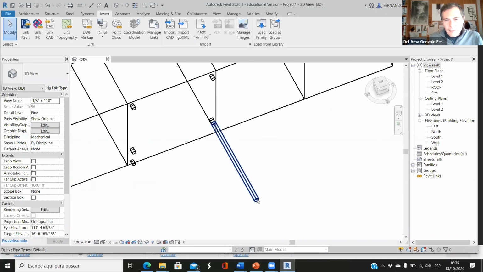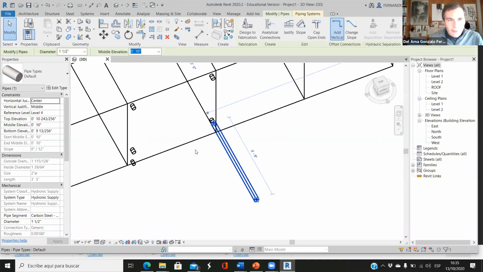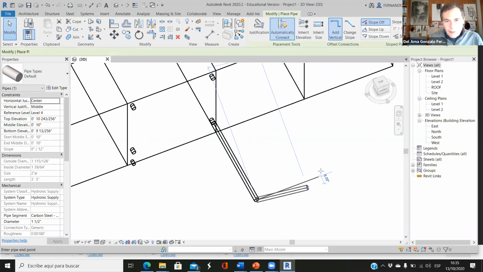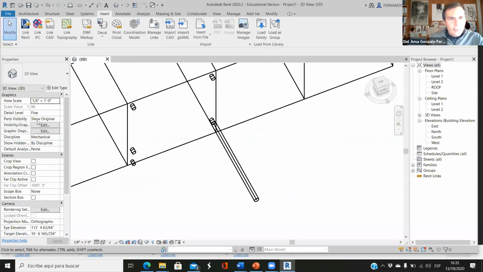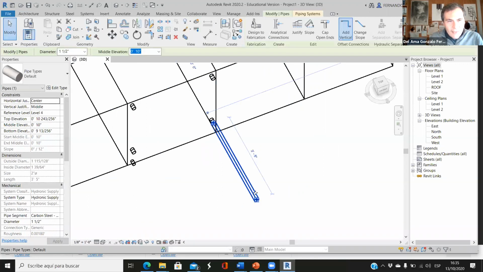So let's select everything and let's open this. Okay, does it work? If I have uploaded the connections, can I make another pipe? It doesn't work. Okay, so finally, this is the worst case scenario.